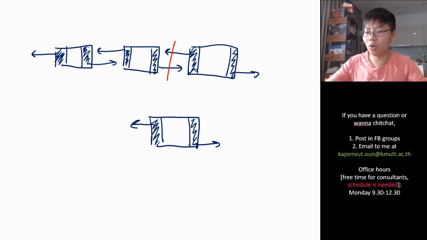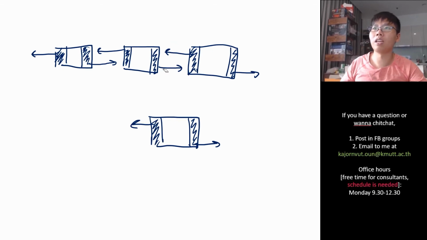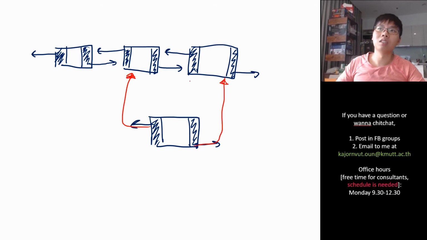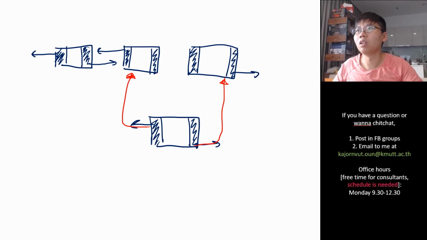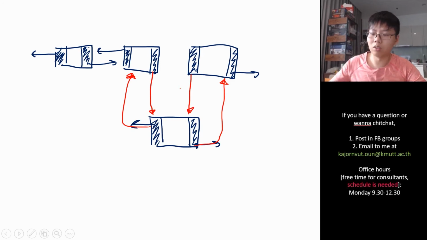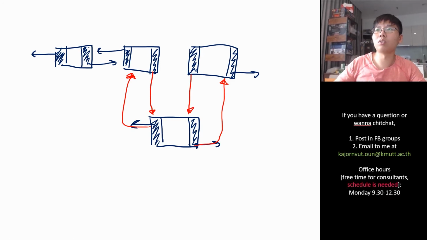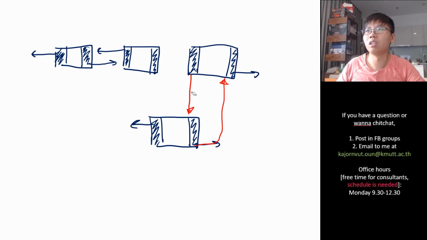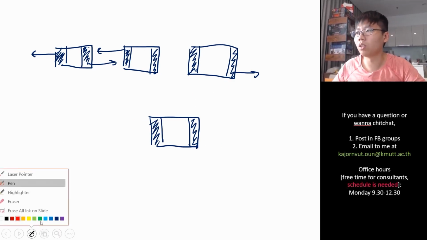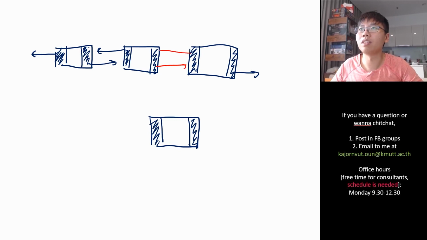Okay, you just have to point this one to the front and point this one to the back, and then you start to remove and point this one back here and point this one back there. That's one way to do that. Or you can do something more sequential. For example, you still have this link, right?